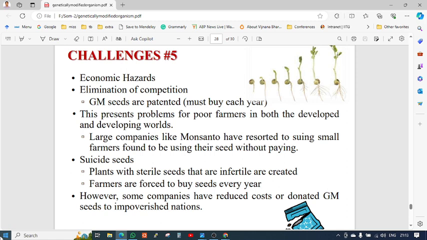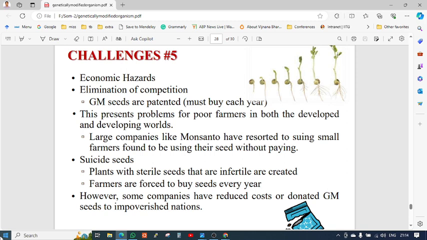After three or four years they cannot restore their own traditional methods or traditional seeds, so they are forced to buy from the company at higher prices. Large companies have managed to restrict small farmers from using seeds without paying. And obviously the small farmers, who are financially weak, are in trouble.